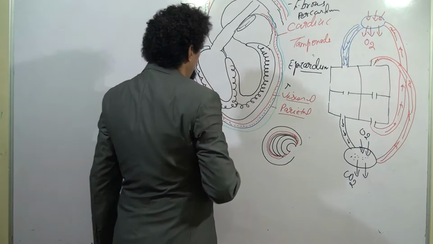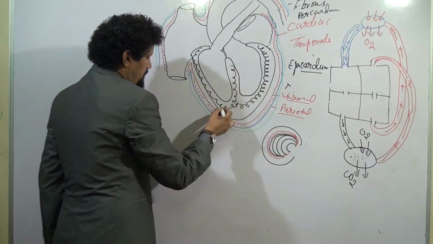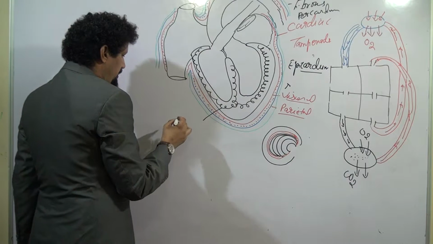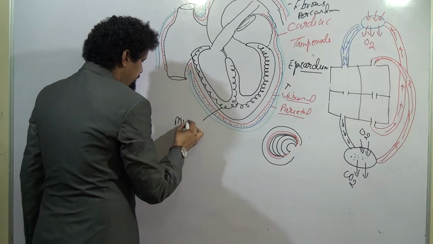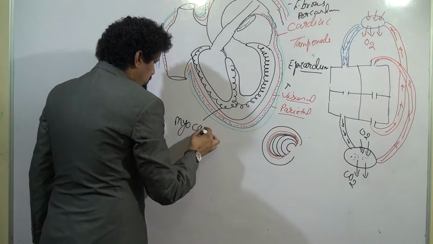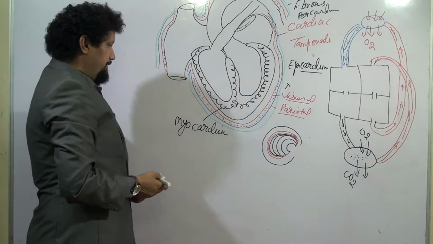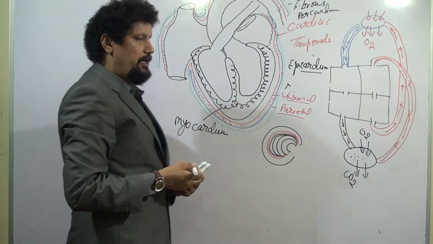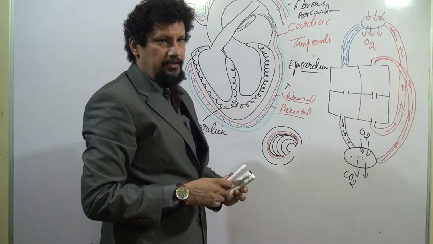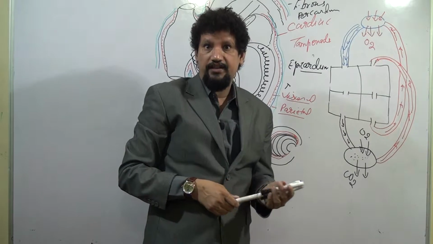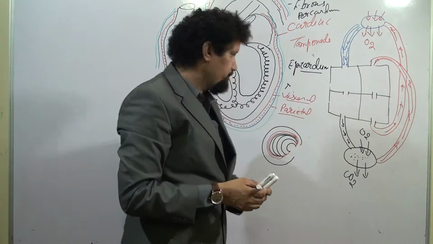This is the most important layer, having a significant role in pumping of the heart. And the innermost endothelial layer and the subendothelial connective tissue layer of the heart is known as the endocardium.